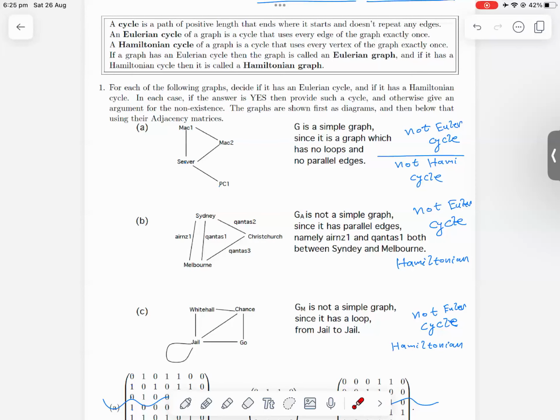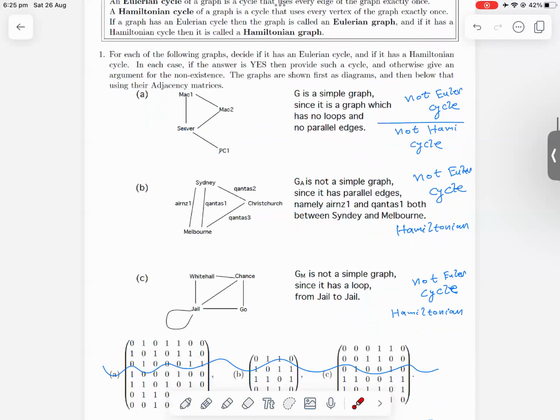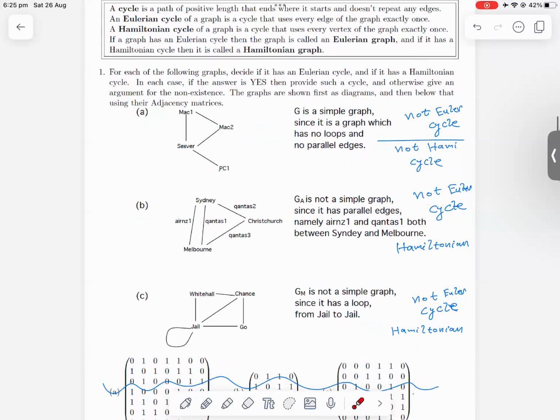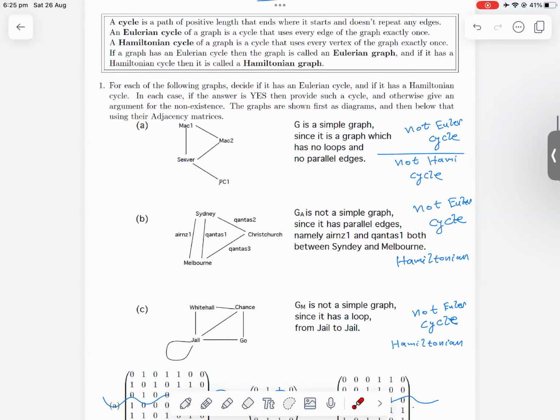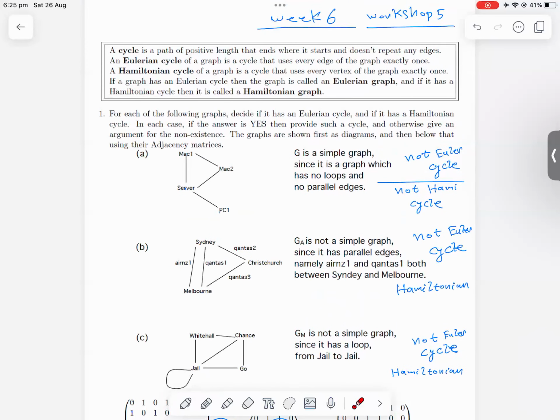All right. So for the Hamiltonian path, those ones having a Hamiltonian cycle, therefore there is a Hamiltonian path. Okay, for sure. Starting from here and getting here, for example, and having all the vertices covered.